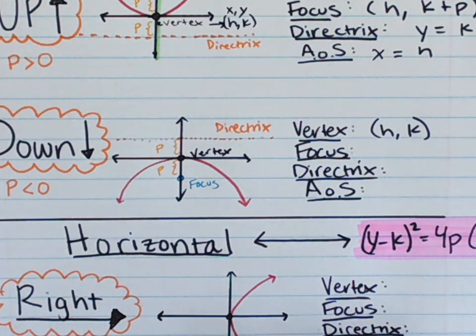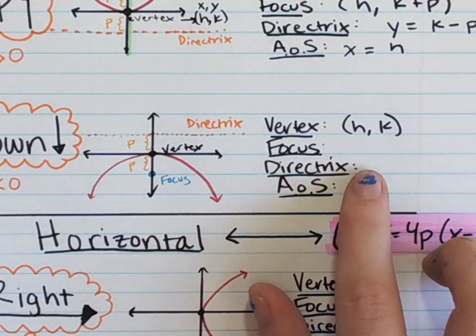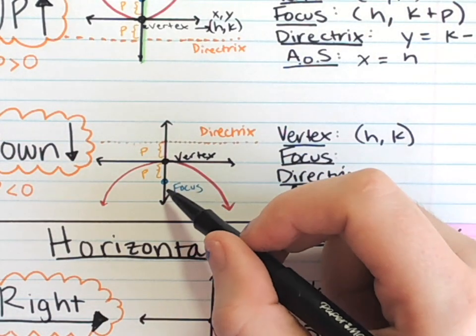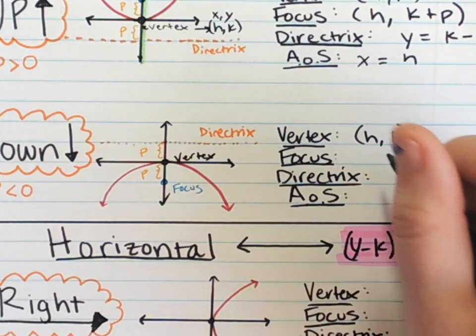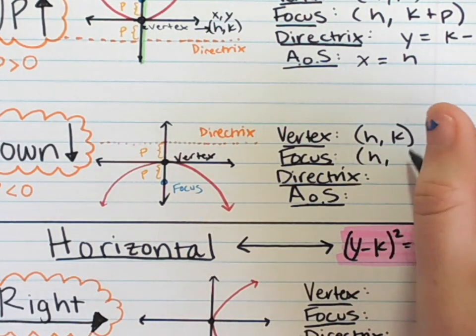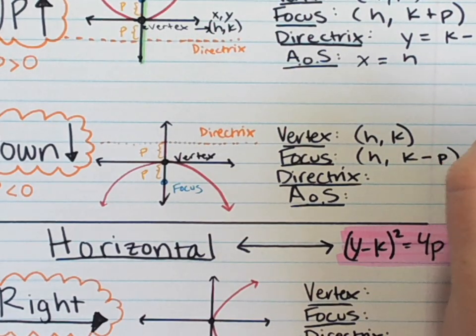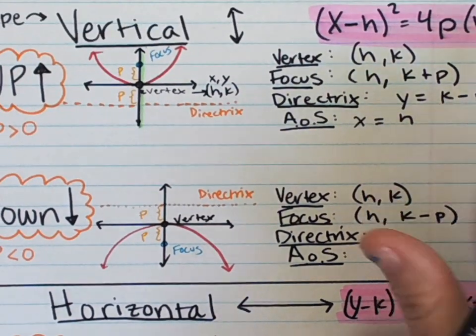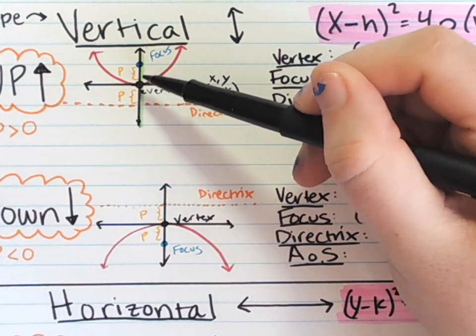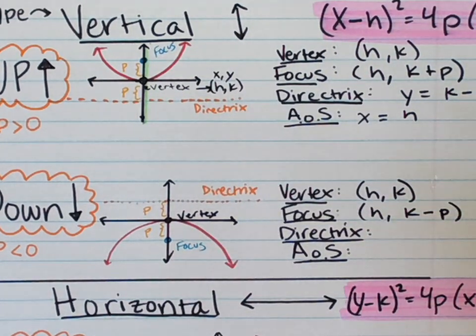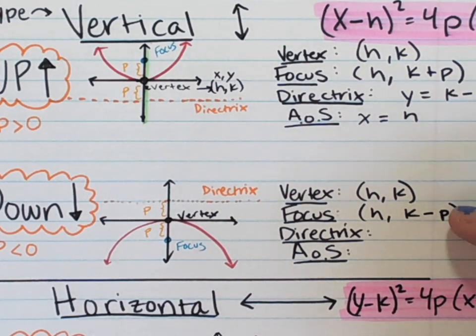Okay, I've listed everything on there. Time to put it in here. So the focus is now underneath the vertex. So h did not change, but k dropped by p units. If you compare that to the top one, the focus was above the vertex versus the focus being below the vertex. So that's why we have addition up here and subtraction down here.